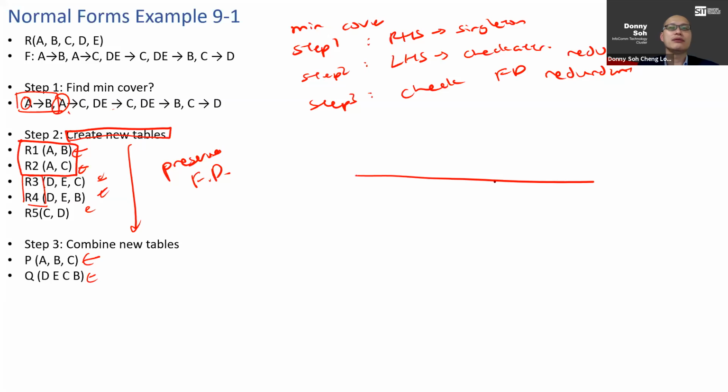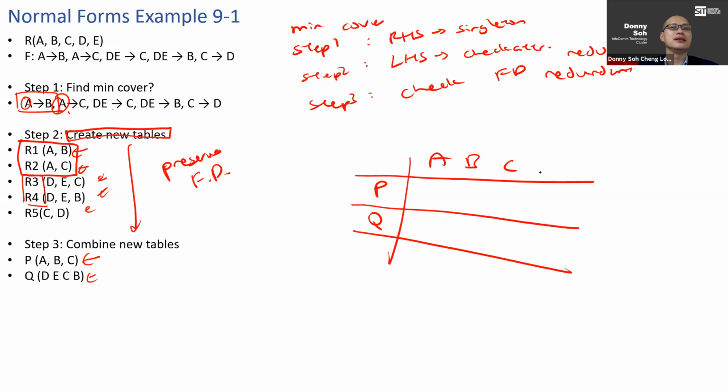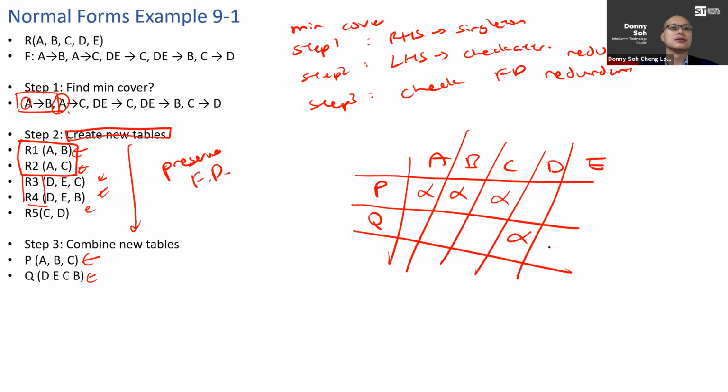So to check that, we recall again, we have these two tables, P and Q, A, B, C, D, E. By adding the alpha, the distinguished variables, D, E, C, B. Okay.